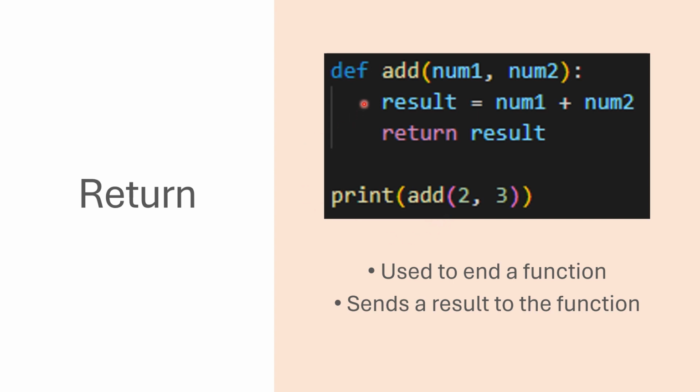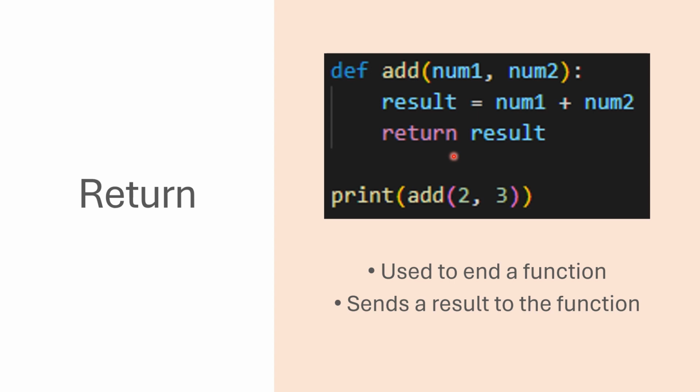So here I have my function from before, but then I set a variable result to num1 plus num2, and then return that result onto our function. Why not return num1 plus num2?